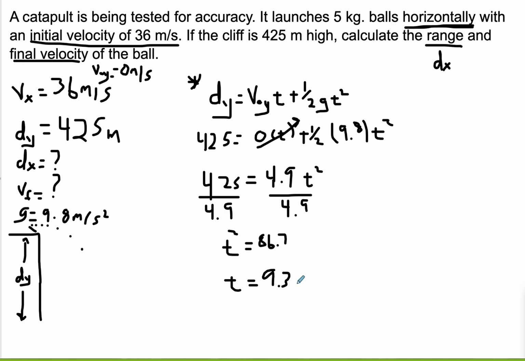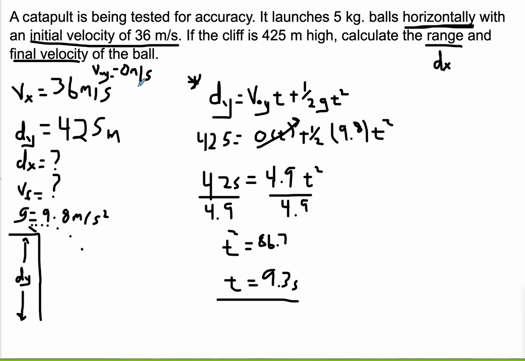9.3. Okay. I also have a question. For the original velocity, should we assume that if it doesn't say and it's being kicked off horizontally, it's going to be 0? Right. If it's launched horizontally, the starting speed in the y direction will always be 0, because that's equivalent to holding it and then dropping it.